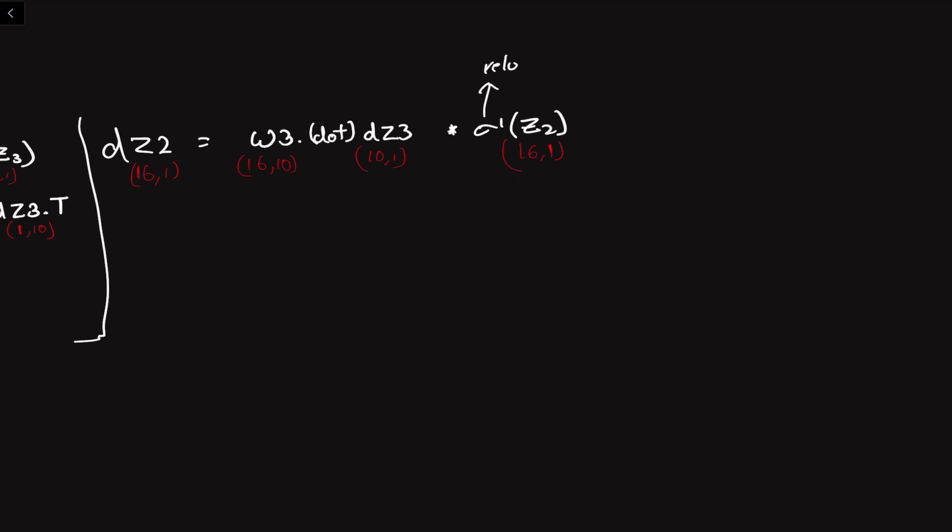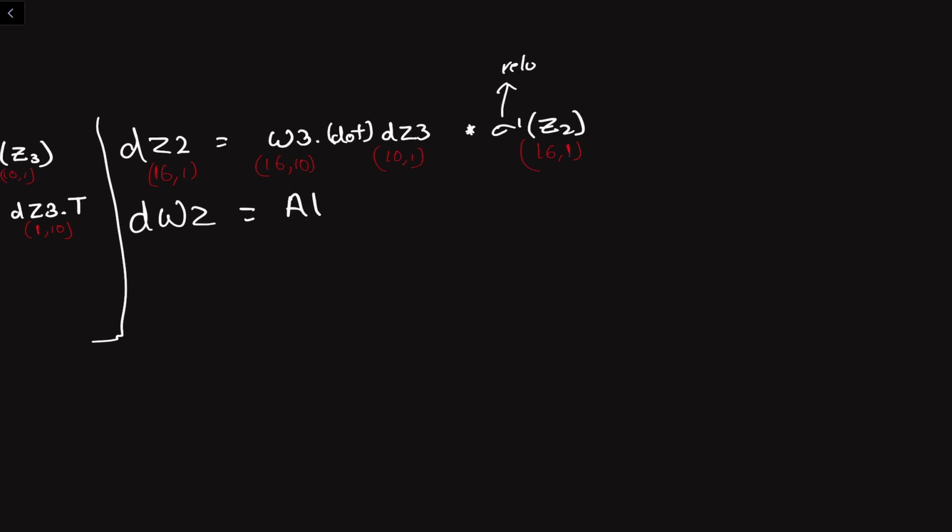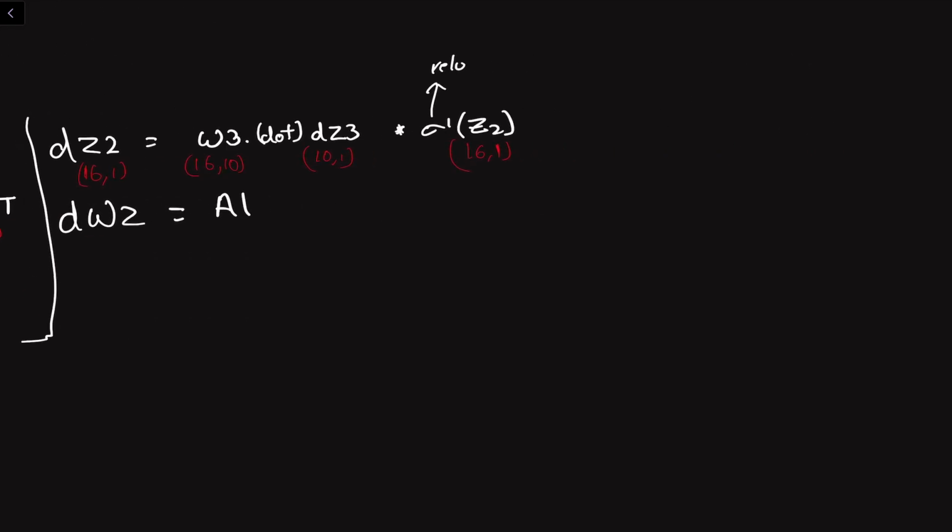All right, let's go DW2. DW2 will be A1 dot DZ2 dot transpose.